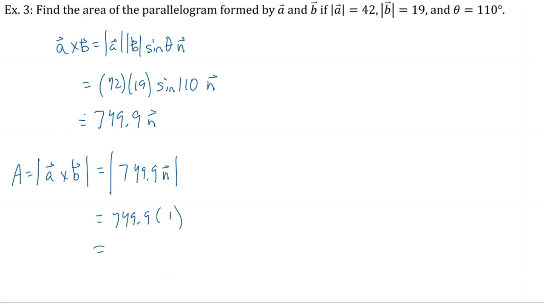So it ends up just being 749.9 square units. But you need to have that n up here until you actually take the magnitude of it in that step. Otherwise, it's not exactly right. And that's that. So a couple of examples using the cross product to find some areas of parallelograms.